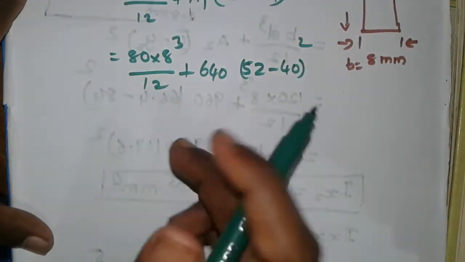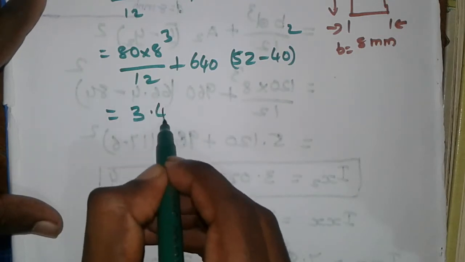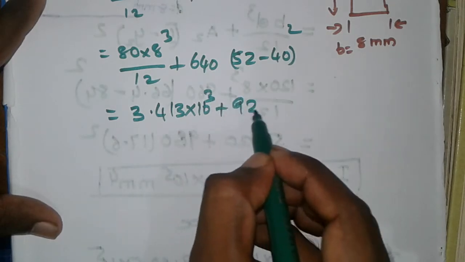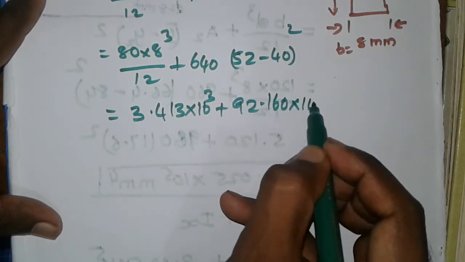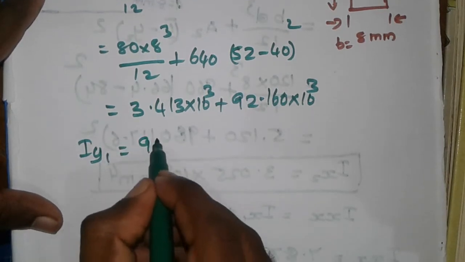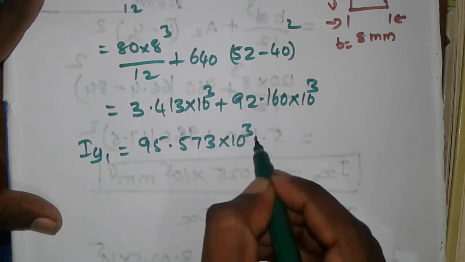Now simplify this equation. 3.413 into 10 power 3 plus 92.160 into 10 power 3. Iy1 value is 95.573 into 10 power 3 mm.